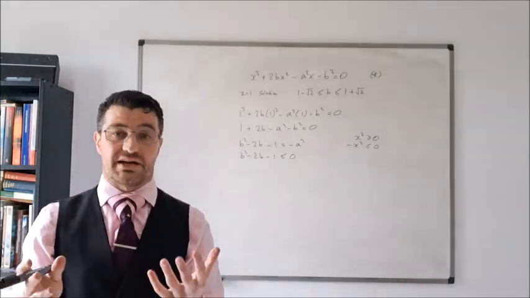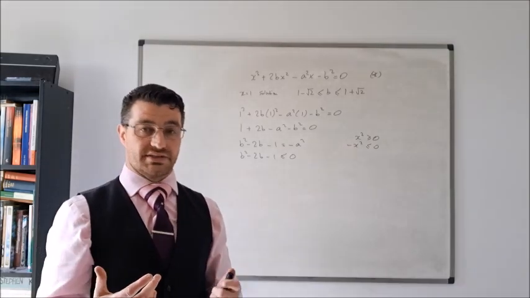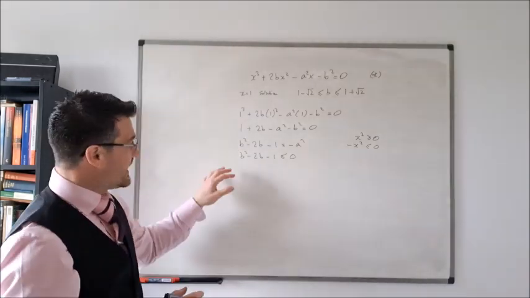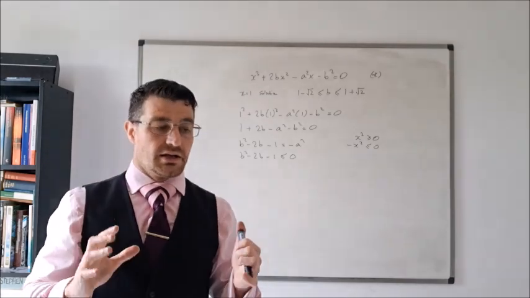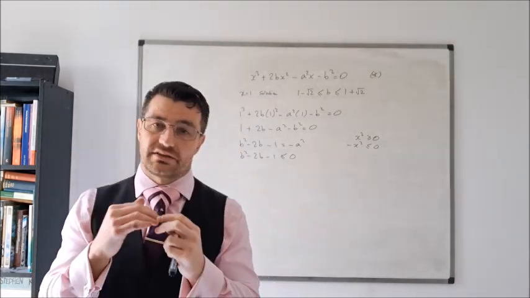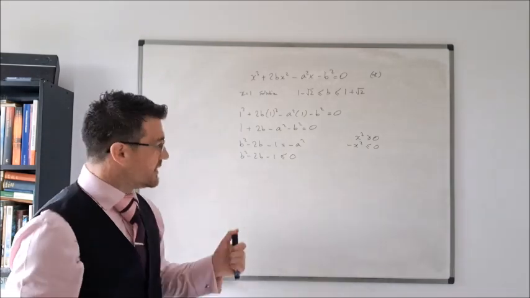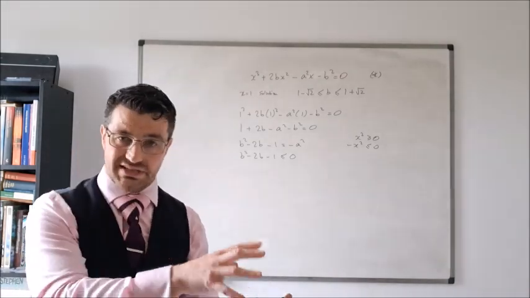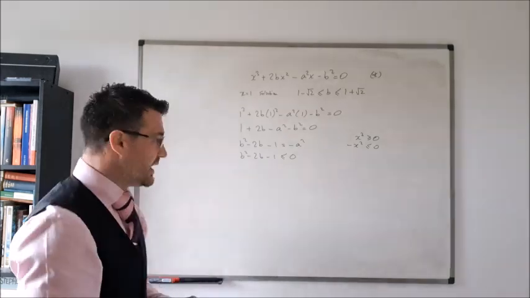So hopefully, as part of your A-level maths course, you've been shown how to solve quadratic inequalities. And it's at times like this that a lot of people give up, particularly if they've got less well-developed problem-solving skills, because what people are often doing at GCSE and A-level is waiting to be told what to do.